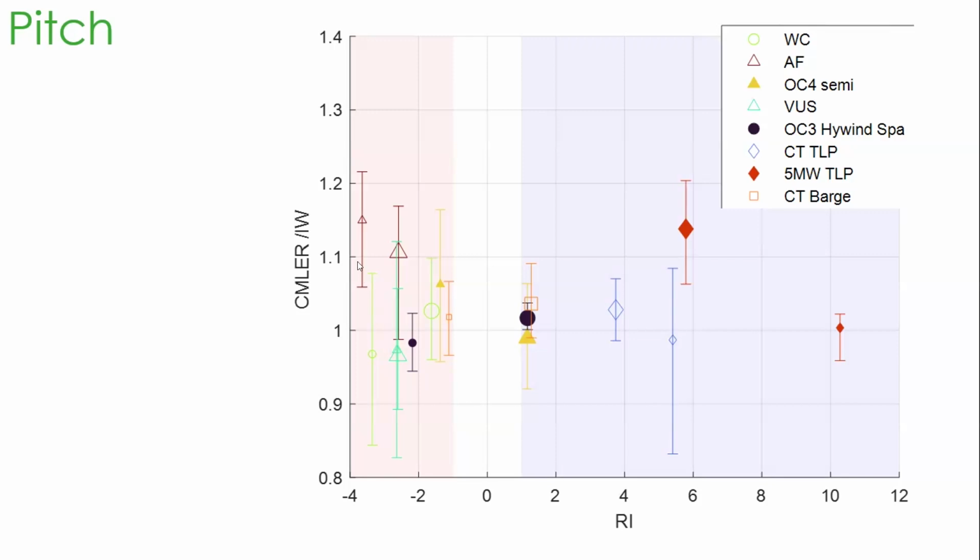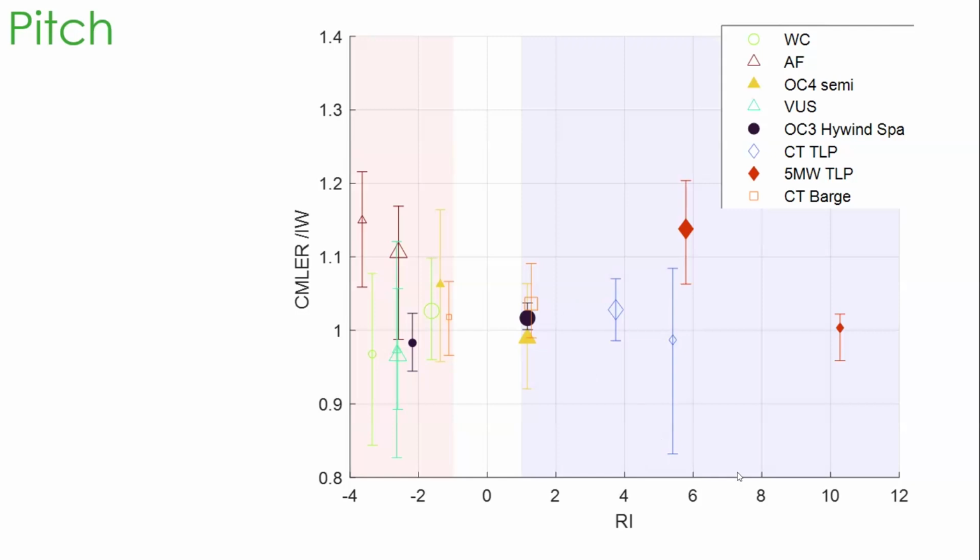So if the y value is 1.1, that would tell us that the short design event method has over predicted the design value by 10%. If it's 0.9, it would tell us that the short design event method has under predicted by 10%.